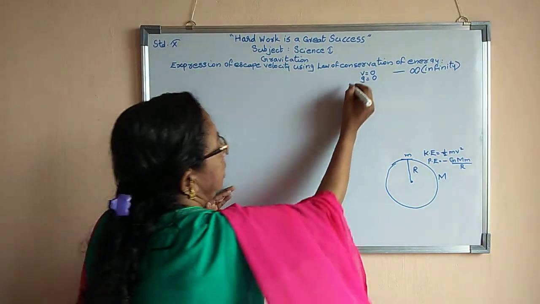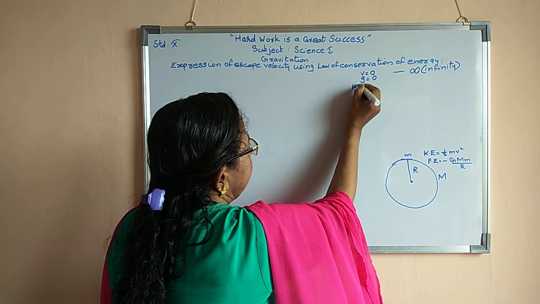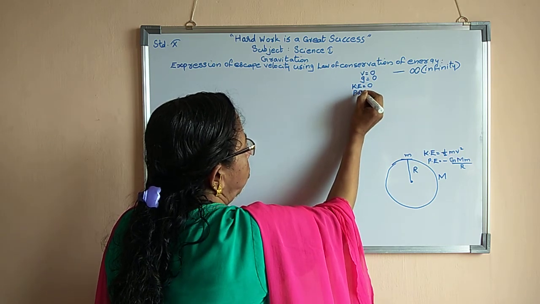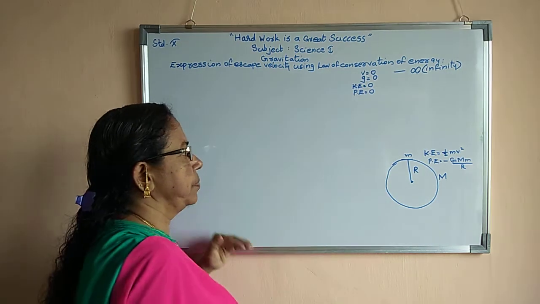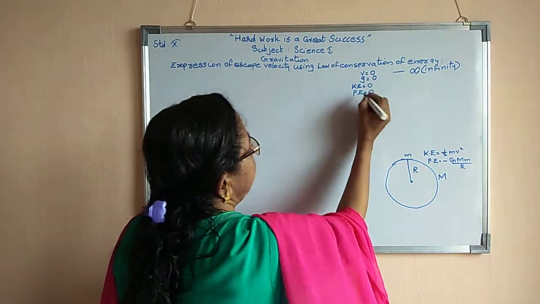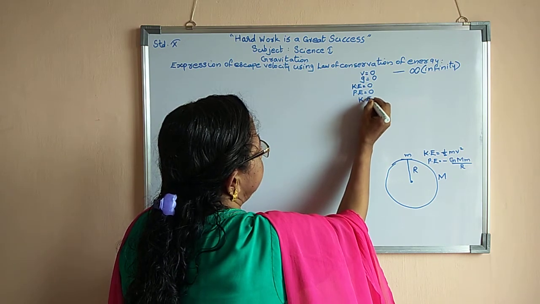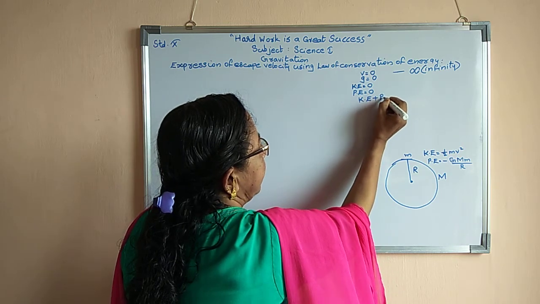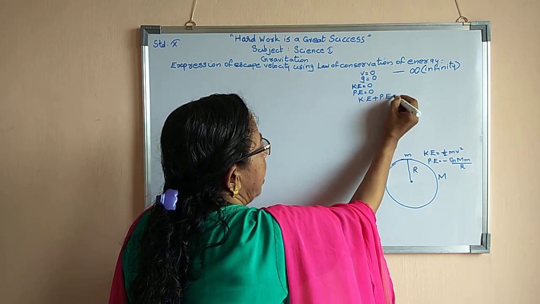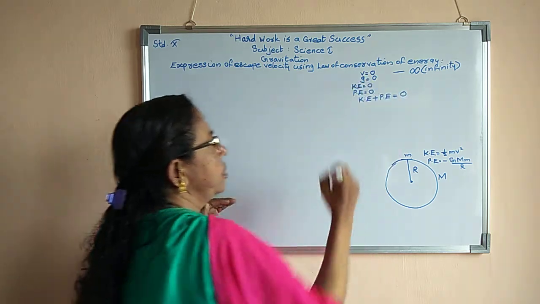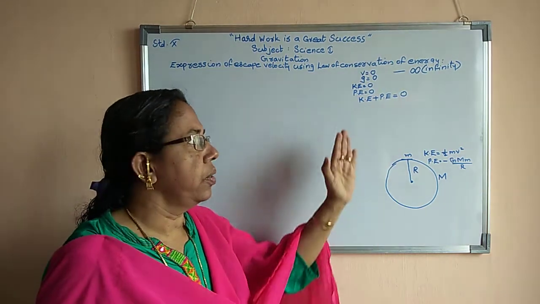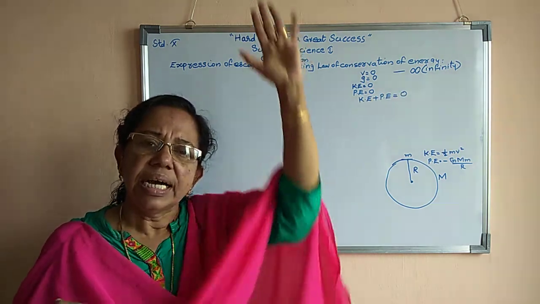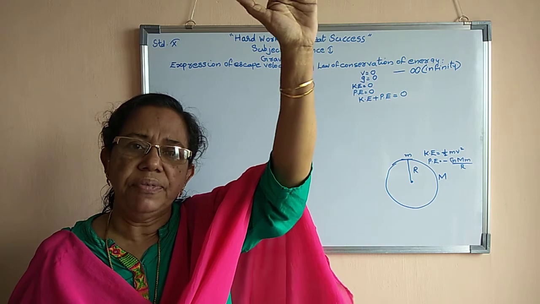As a result, Ke is equal to 0 here and Pe is also equal to 0 here. Then the sum, meaning both of them we have to add, Ke plus Pe at infinity will be equal to 0.